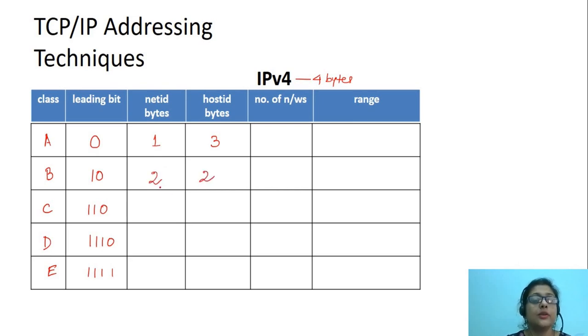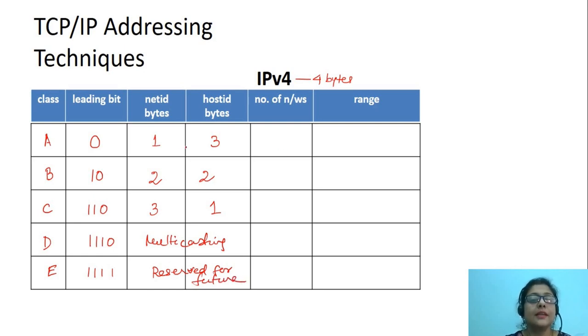That means 2 bytes are used for net ID and 2 for host ID. For Class C, 3 bytes are used for net ID and 1 byte is used for host ID. Class D is basically used for multicasting. And Class E is reserved for future use.